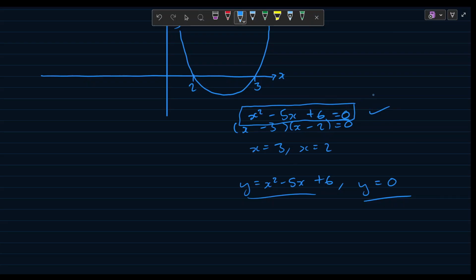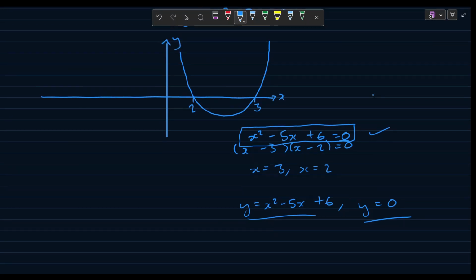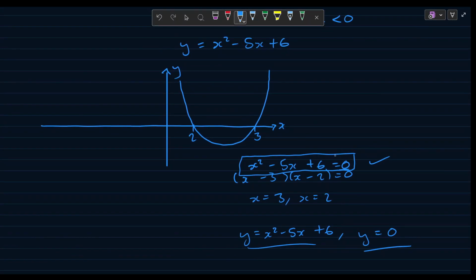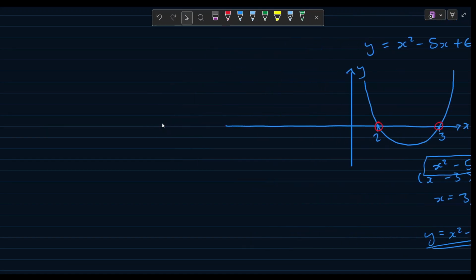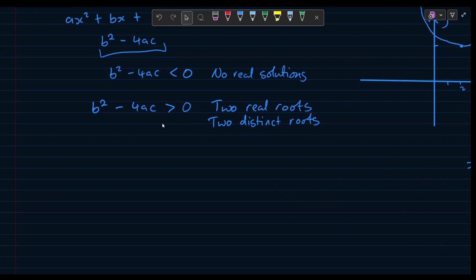So whenever we're solving any two equations simultaneously, it means we are looking for points of intersection. So in this case, we're looking for a point of intersection between our curve and the x-axis, because the x-axis is the one that has the equation y equals 0. So as you notice here, we are getting 2 points of intersection, and these are what we then call our two distinct roots, our two real roots.